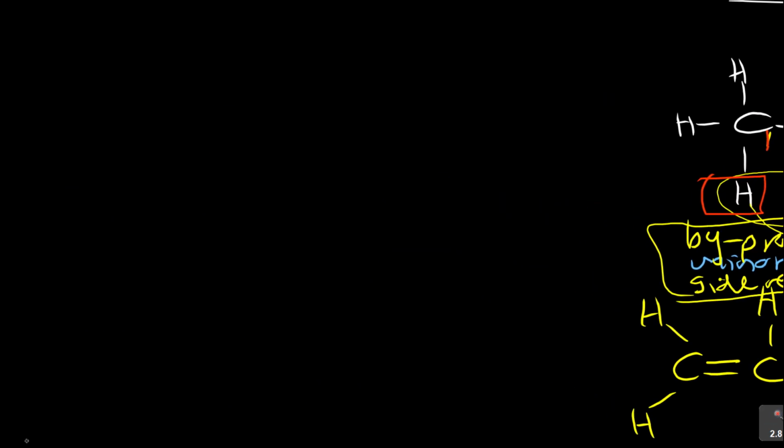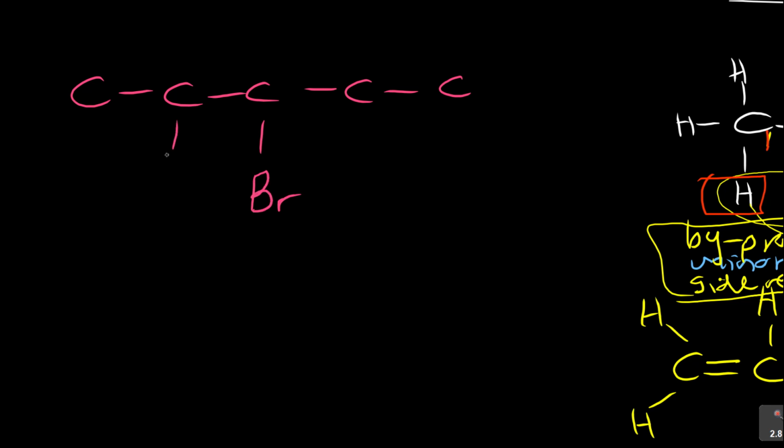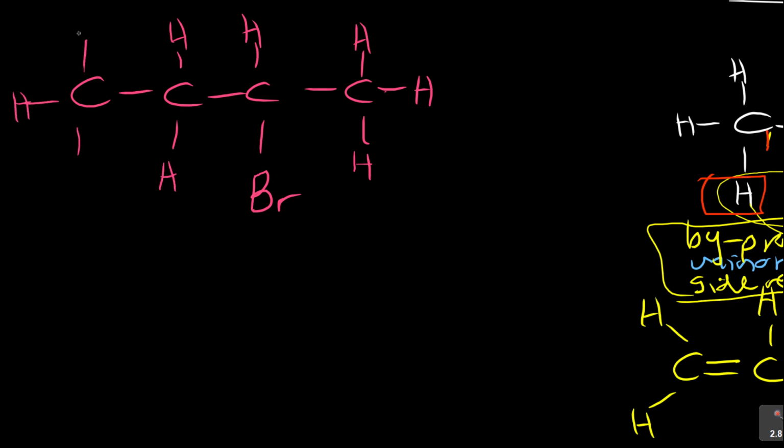If I give you a molecule like this, and then we put, for example, our Br there. Not there, this one is not gonna work. Let's put it here. It's better with 4 because if it's not 4, it's gonna complicate. If I do this, like this, and then I say to you, if I'm eliminating, I want to take out HBr, where will the hydrogen be taken from as the major product?